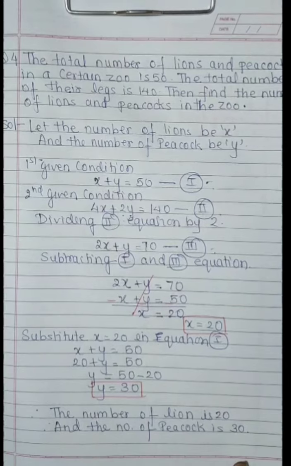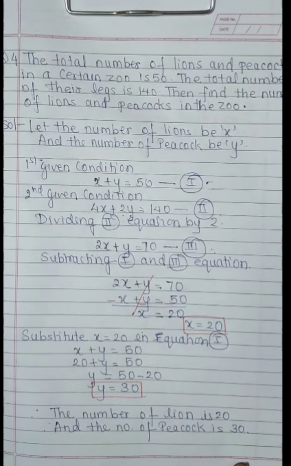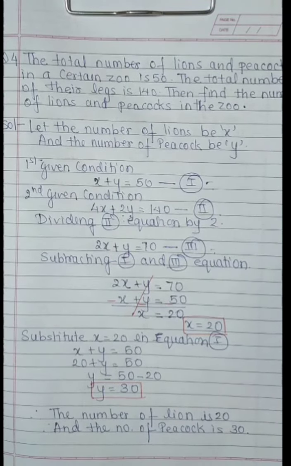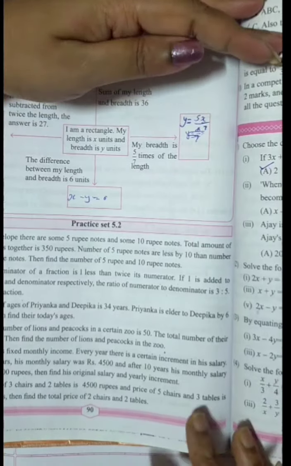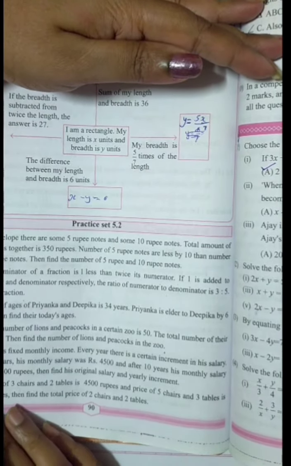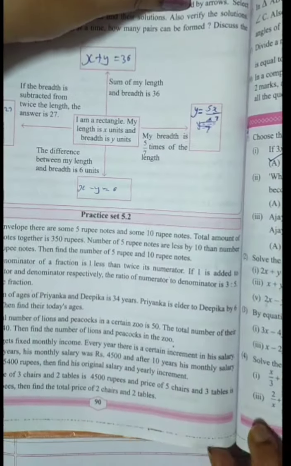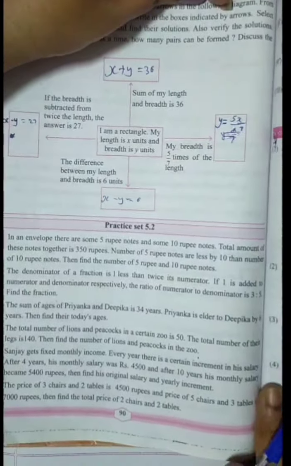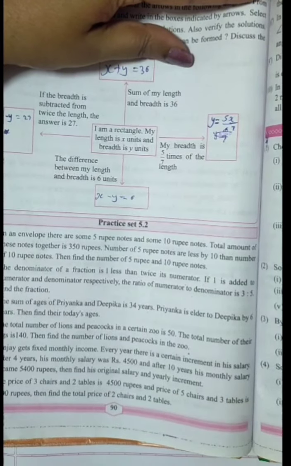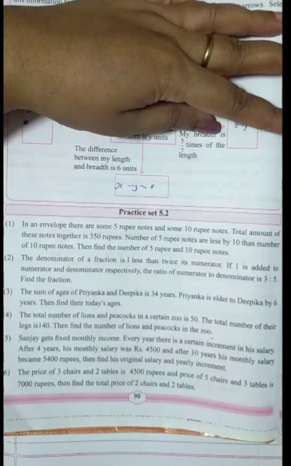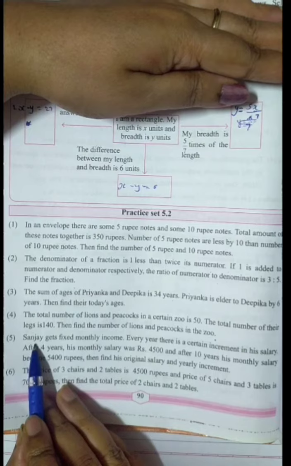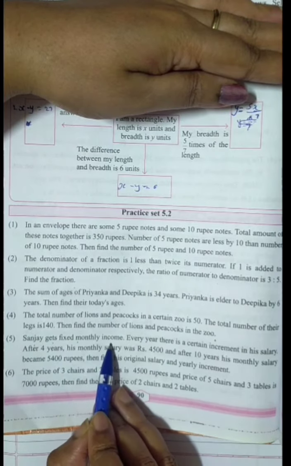Now we are going to solve question number 5. Question number 5 is given. Sanjay gets a fixed monthly income.